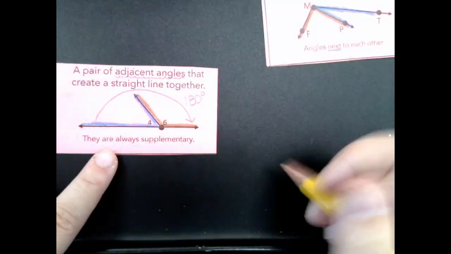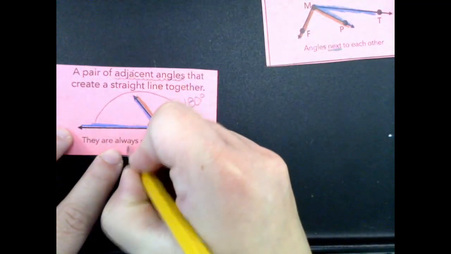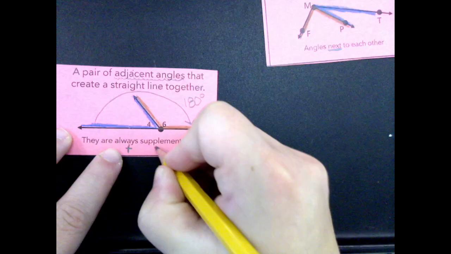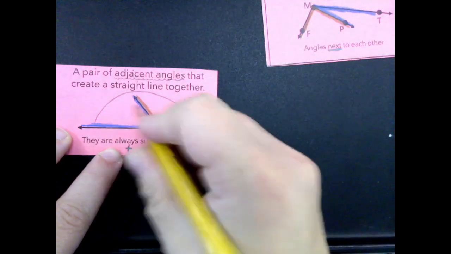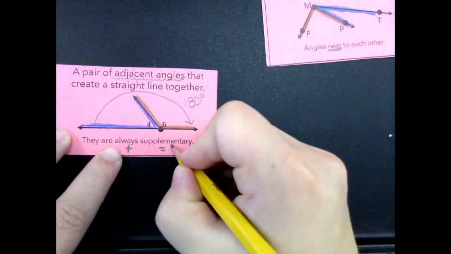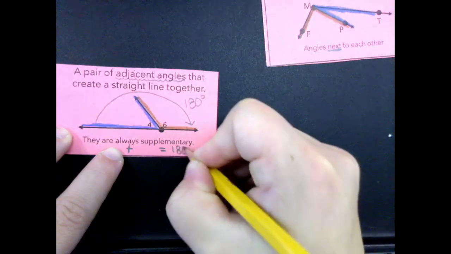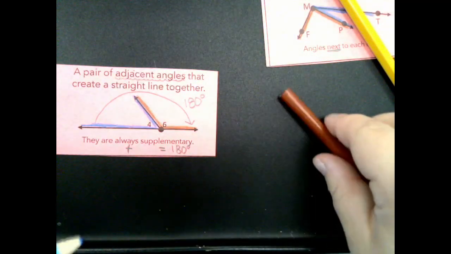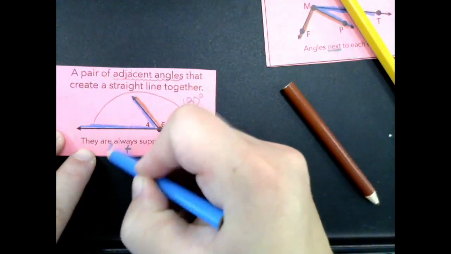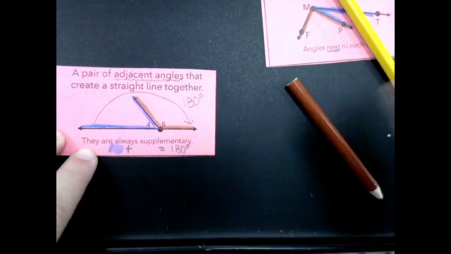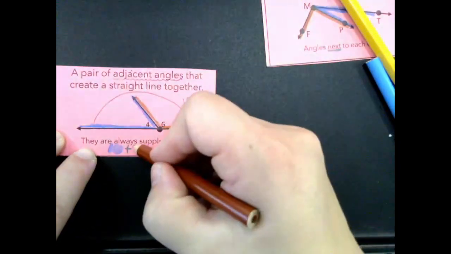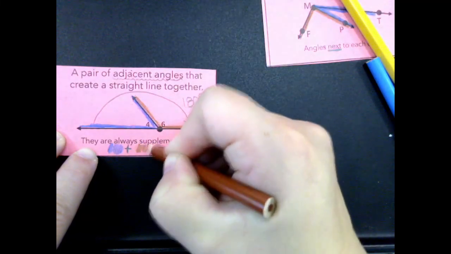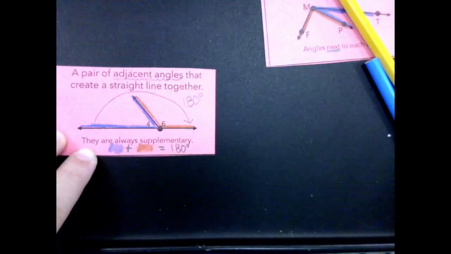So supplementary means that they're going to add up to equal, together they have to make how much? 180. Okay. I like to do my little shading here, saying that when I add that blue angle plus my brown angle, it equals 180.